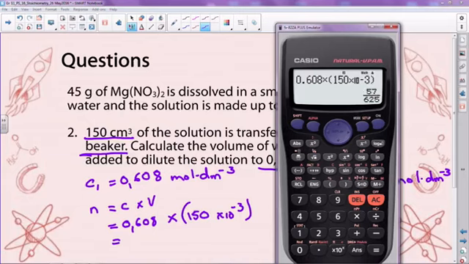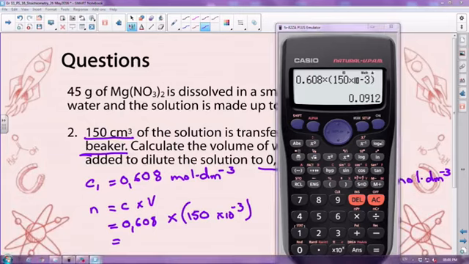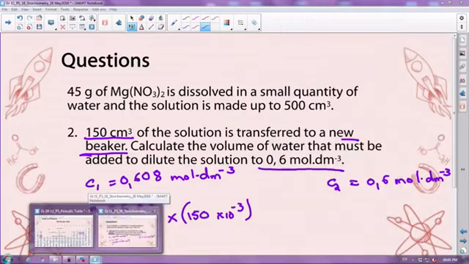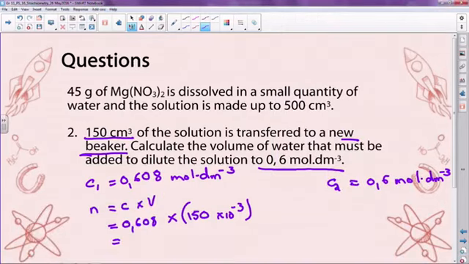And that's going to give me 0.0912 moles. That's the number of moles I'm carrying over into my new solution, but it's got a different concentration.